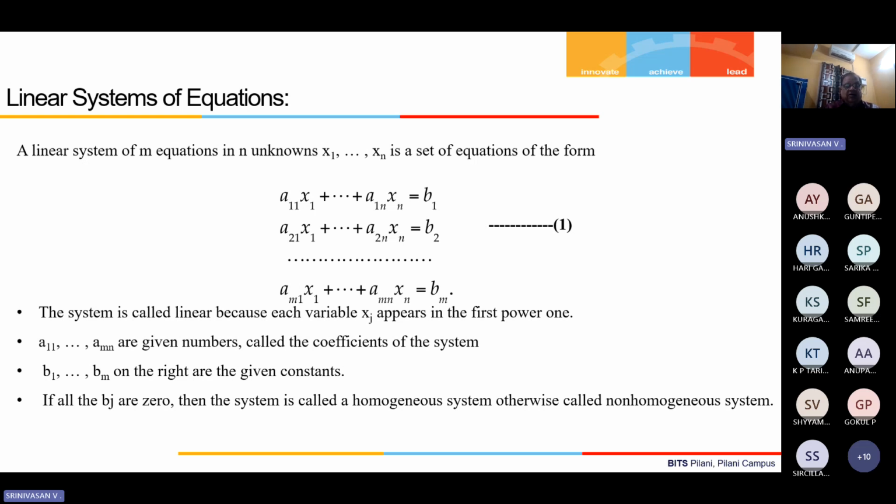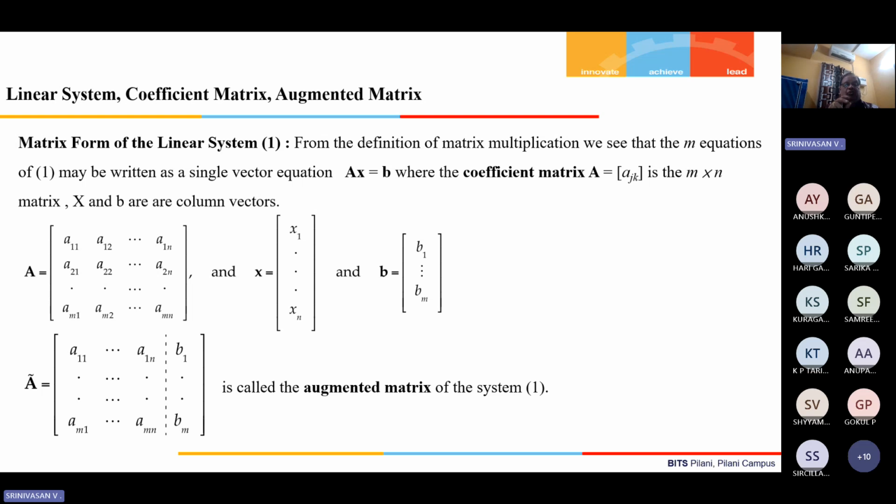Now, matrix form of the linear system 1. So we are making some matrix form. How are we able to do that? Just see. From the definition of matrix multiplication, we see that the m equations of 1 may be written as a single vector equation AX equal to B, where the coefficient matrix A is the m by n matrix, and capital X and capital B are column vectors.